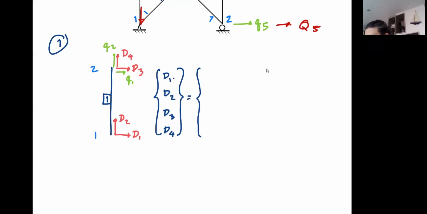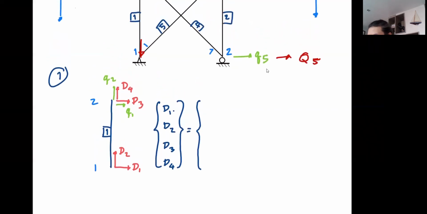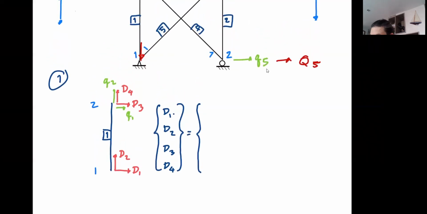D1 is right here. It's the displacement of the local node 1 in the X direction of member 1. Incidentally, this is where your support is. So this has to be 0. Correct? And D2 is the global displacement in the Y direction at node 1 of member 1, which is here. Again, it's a hinge, so it has to be 0.